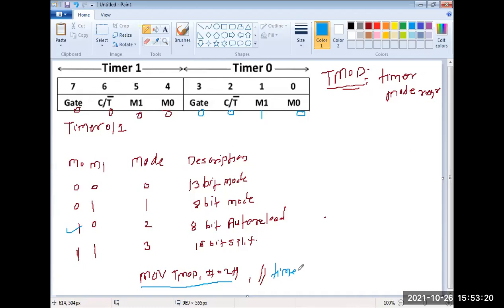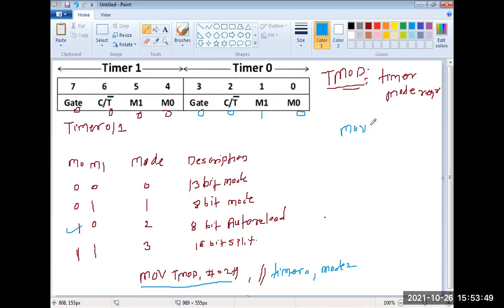If I write 01 here, it goes in mode 1 of timer 0. And if it is 00, by default, mode 0 will come here. So like this, we have to configure the timer and which mode it is using. Simply, I repeat this instruction here also.